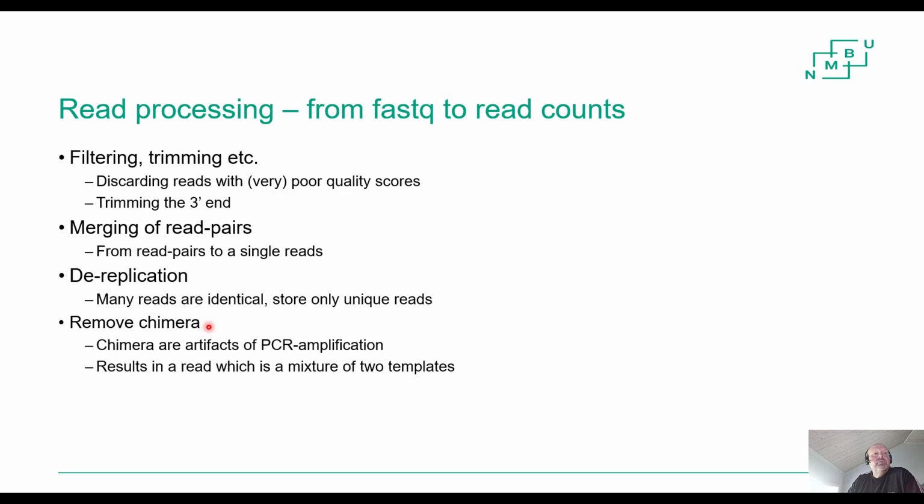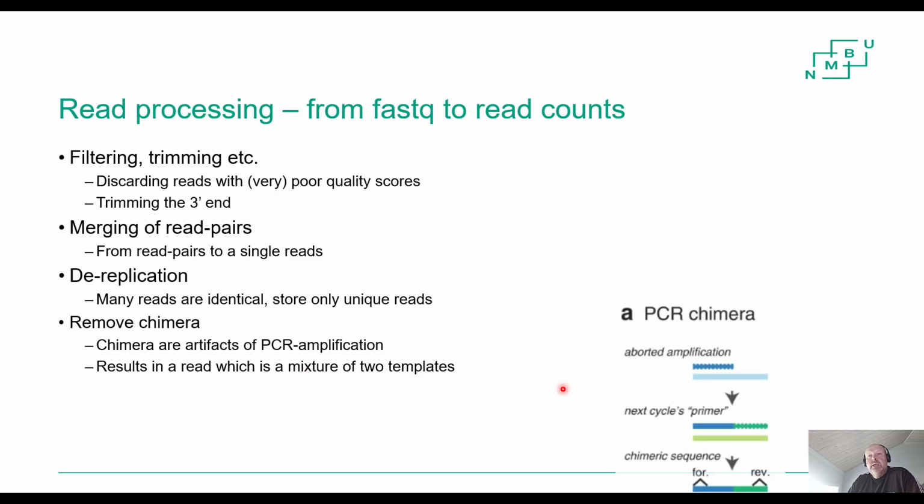And then we have to remove what we call chimera. And what is this? Chimera are actually artifacts of the PCR amplification step. And it results in reads which are a mixture of two templates. Let me show you this drawing here. So imagine you start out amplifying this blue gene here, or the 16S from a blue organism, right?